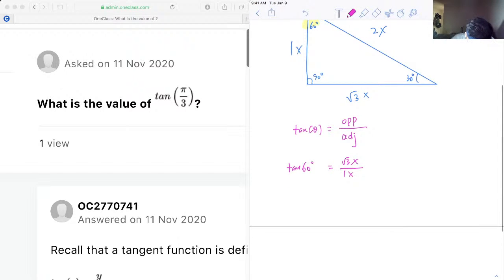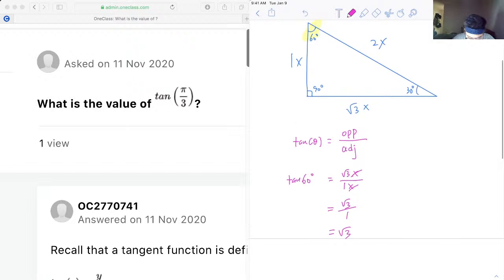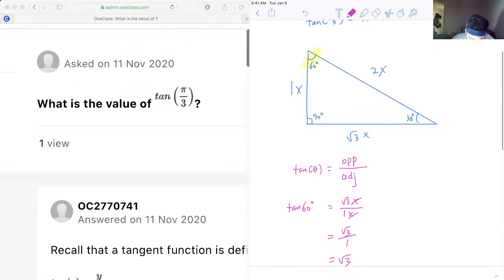So we can cancel out the x, so we only have root 3 over 1, which is the same thing as root 3 left as our answer. So now we can write the conclusion. Therefore, the value of tangent 60 degrees is root 3. Yep, so that's how we find the value for tangent pi over 3.